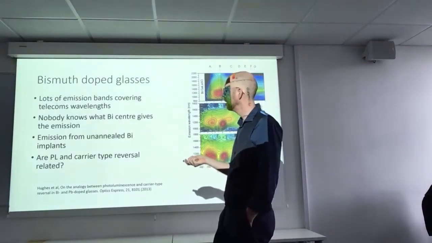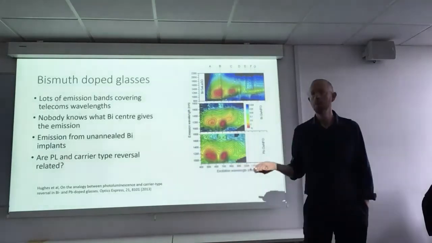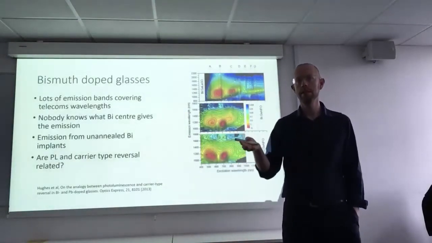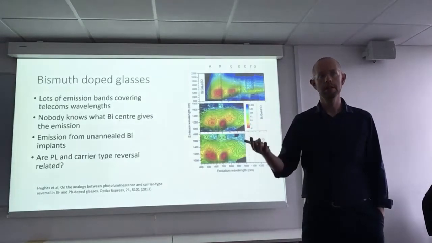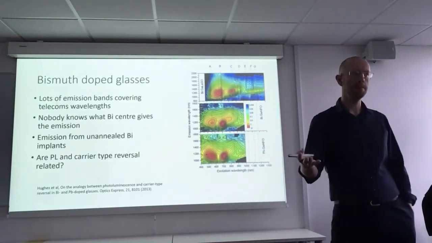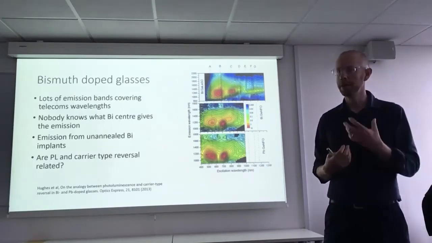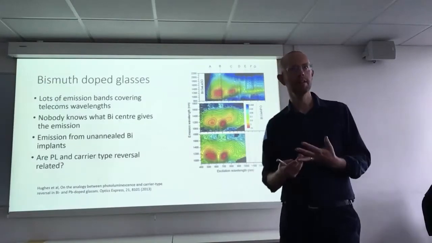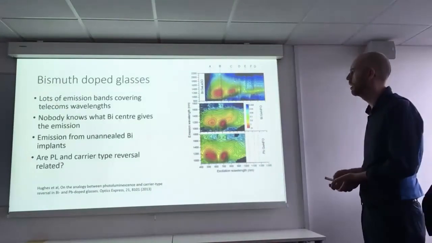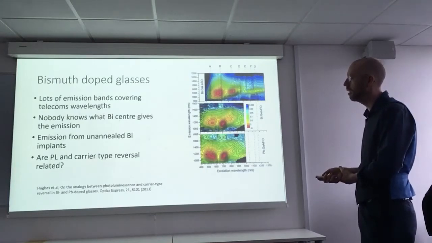And one thing I wondered is, we don't really know what the bismuth centre is that causes the N-type conduction in chalcogenides. You implant with bismuth, it changes the carrier type. We don't really know, again, is that bismuth 1 plus, 2 plus, 3 plus, bismuth metal. And I was wondering, are these two phenomena related?